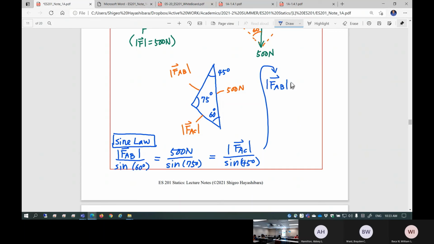Magnitude of FAB, what's that? 500 Newton times sine of 60, is that right? Okay. 500 Newton sine 60 over sine 75, right? What's the value?